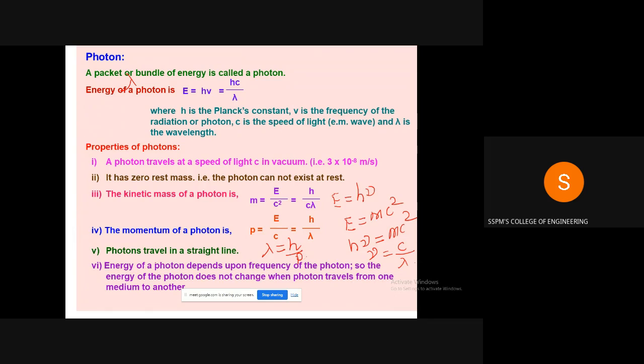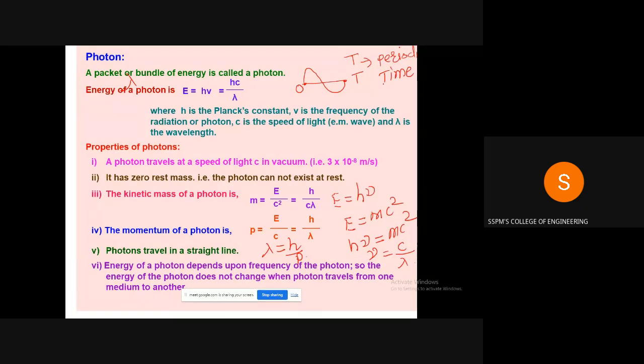Now the question is, what is frequency? When we discuss wave nature, this is a wave. The wave starts from time 0 and ends at T, right? So T is the periodic time.